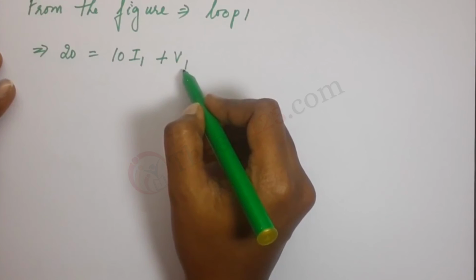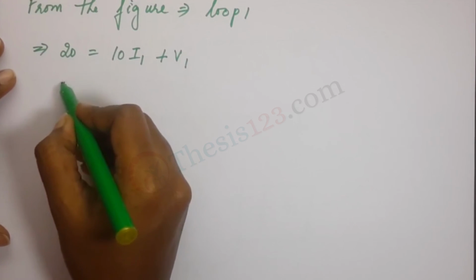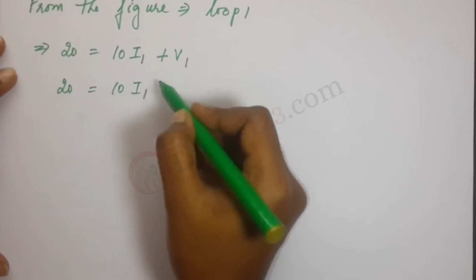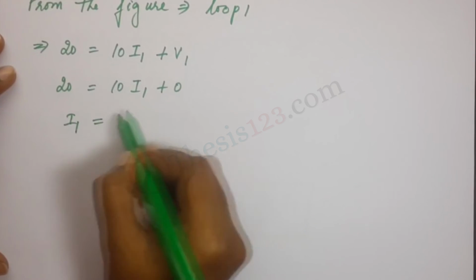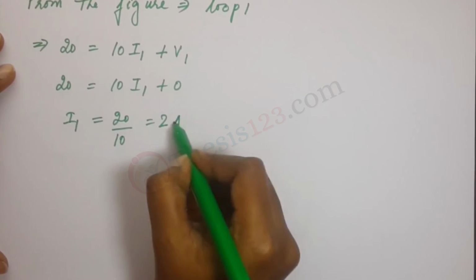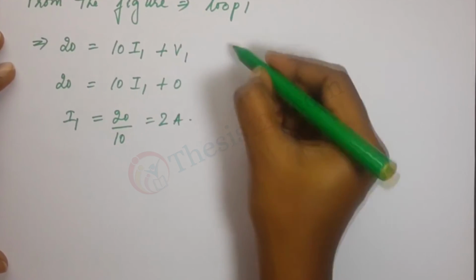Now we know the value of V1, we just found it to be 0. So let's substitute and solve. 20 is equal to 10 I1 plus 0, which gives us the value of I1 to be 20 by 10, which is 2 amps.